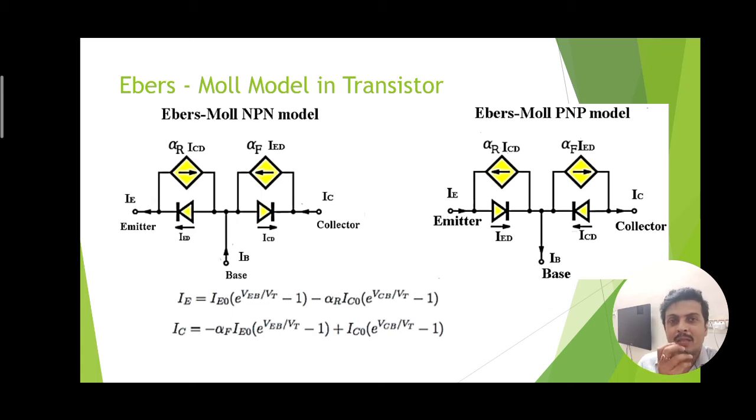Now remember, this Ebers-Moll model is the symbolic or diagrammatic description of the transistor, in which the current flow may be divided into two modes of operation. One is the forward active mode, another is the reverse active mode.